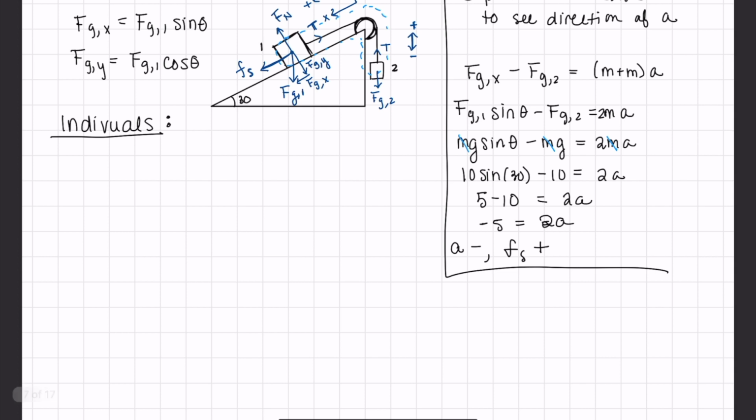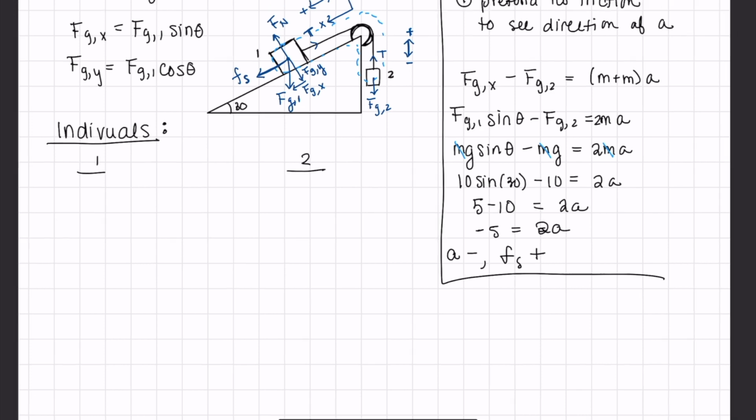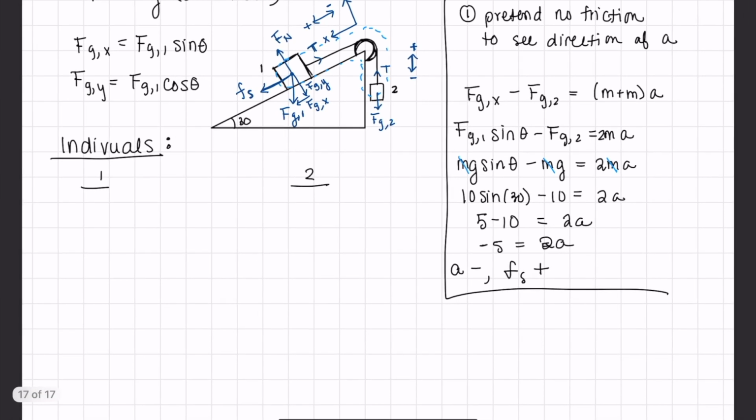So we'll have first guy and the second guy. For the first one, we're going to have sum of the forces in x equals 0, where we'll have FGX plus static friction minus tension equals 0.